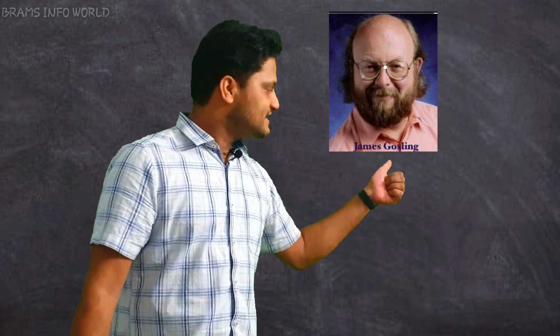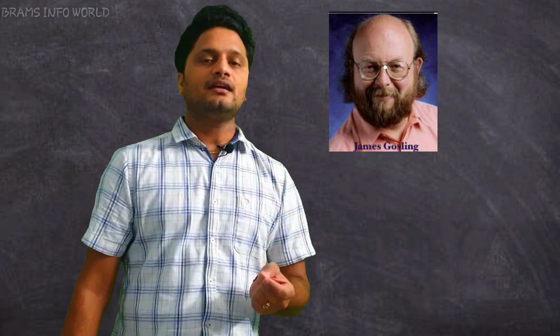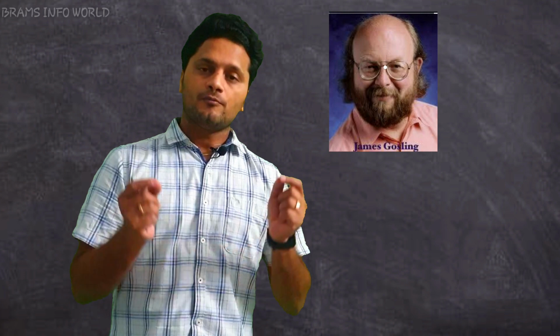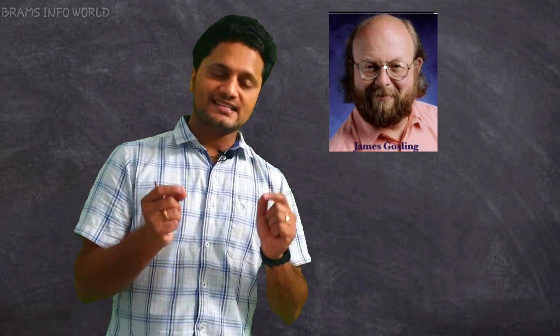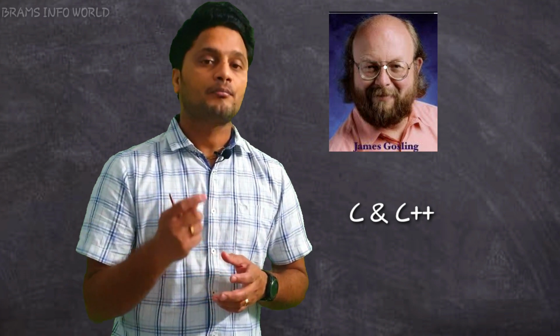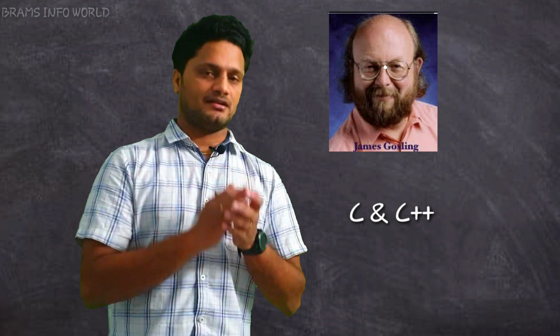James Gosling thought that C and C++ are both powerful languages, and with the help of C and C++ we could develop this project. But the problem is that they are completely system dependent.